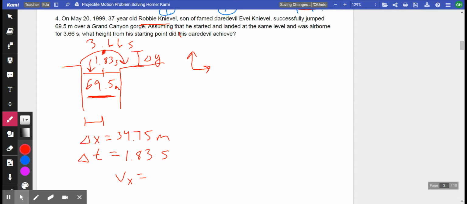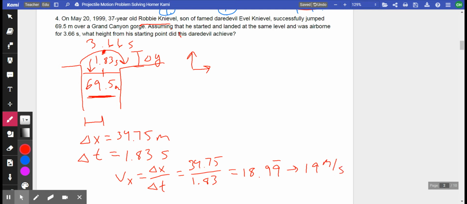So we're going to do delta x over delta t, and that is 34.75 divided by 1.83. That gives us 18.999, or let's round this to 19 meters per second. So that is how fast he is going from left to right.